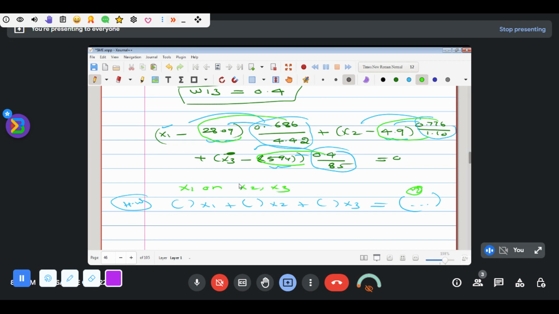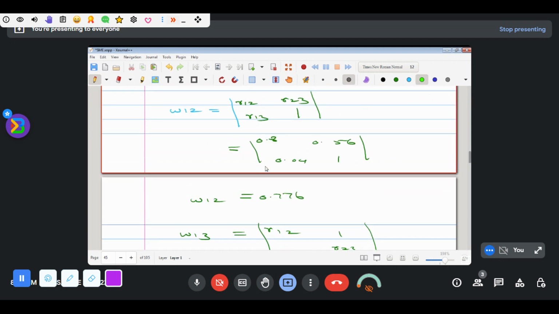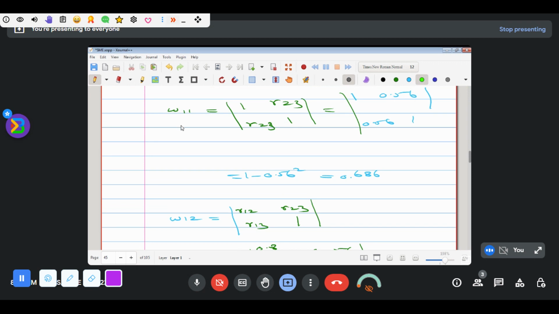Similarly, suppose we move x2 here, meaning we just change the calculation. What is the first calculation value? Omega 1 2 changes to omega 2 1, omega 2 2, and the last calculation omega 2 3. The variables are changing.